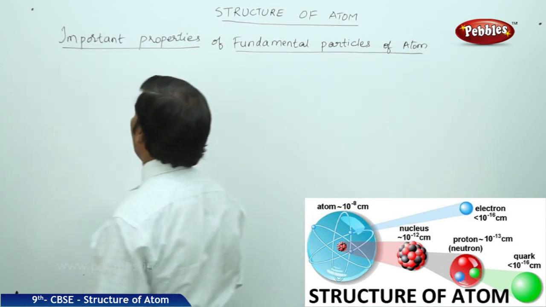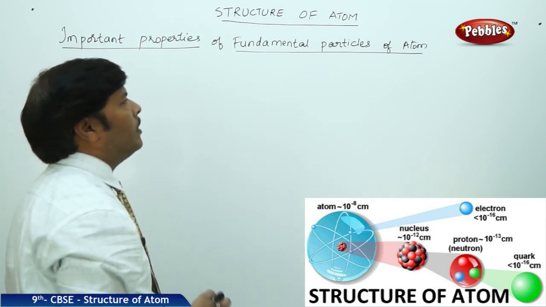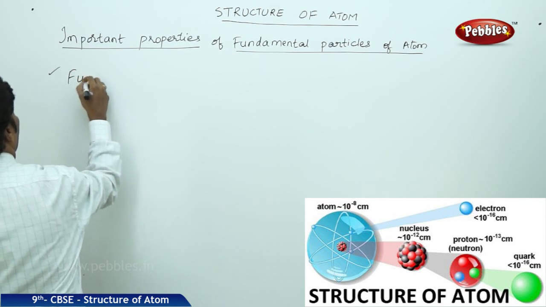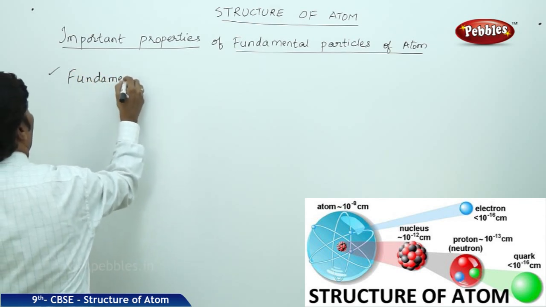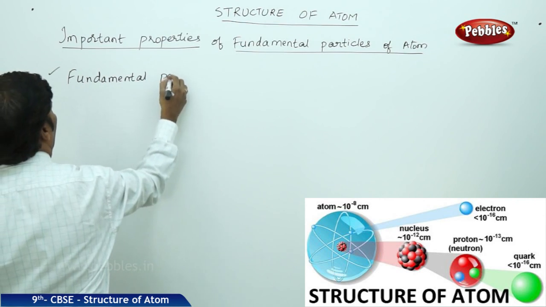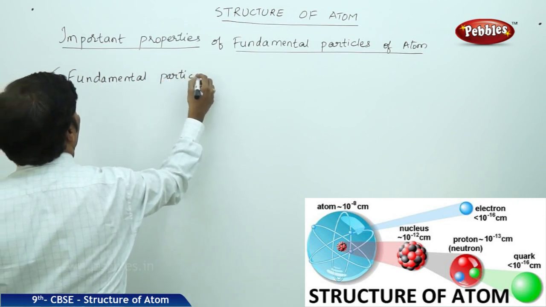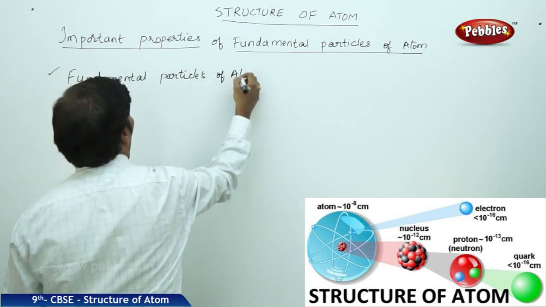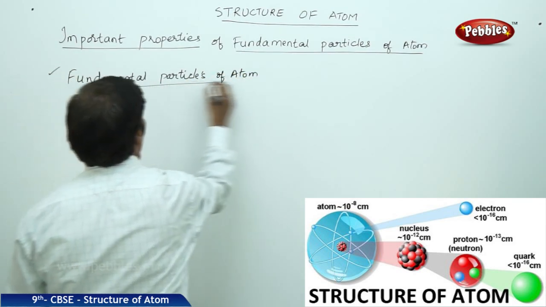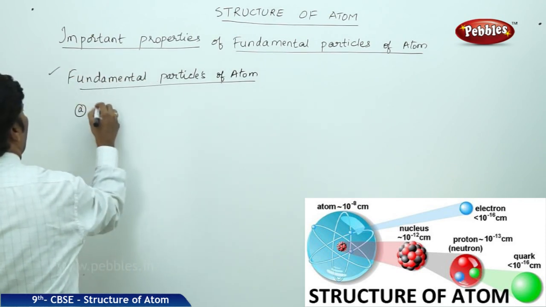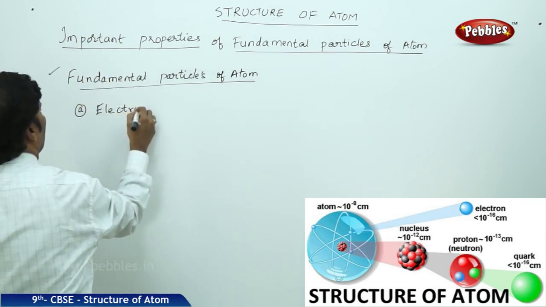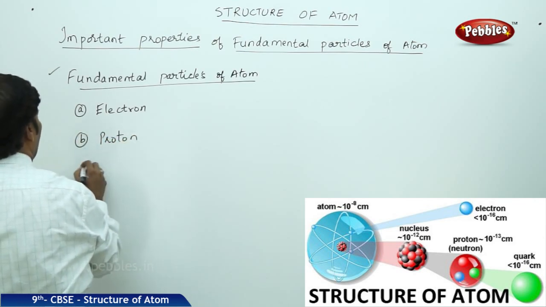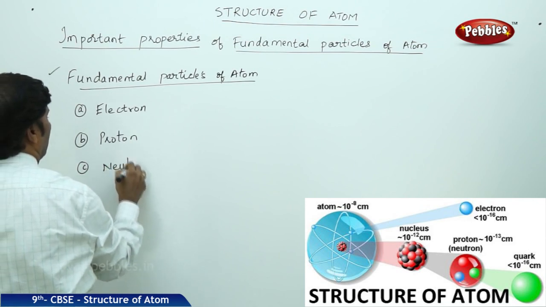You know that the fundamental particles of atom, here we have three: A, electron, B, proton, and C, neutron.